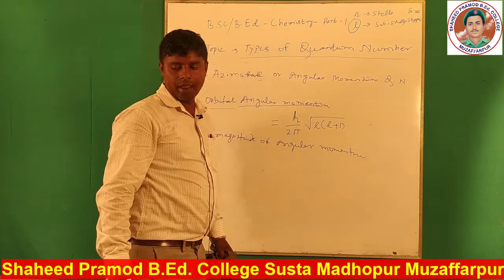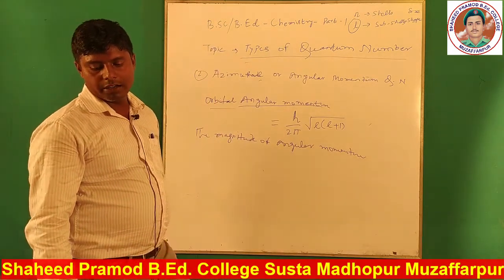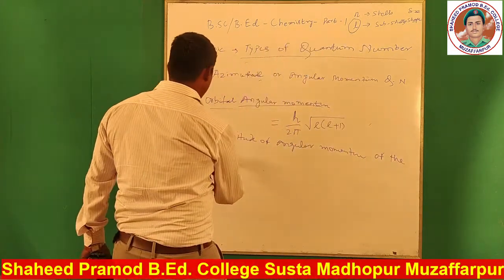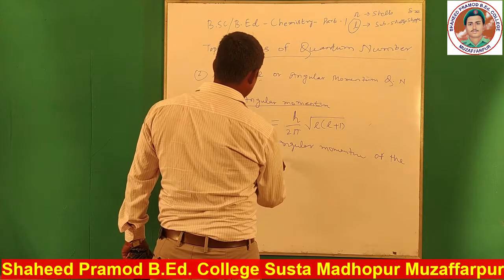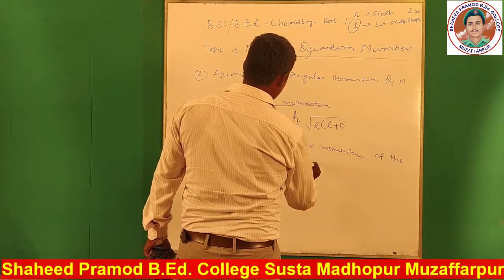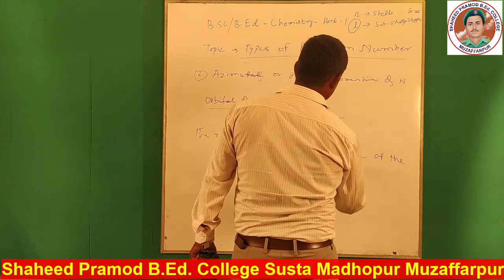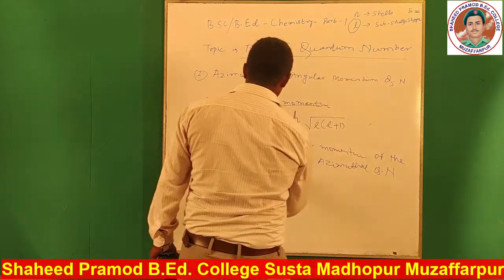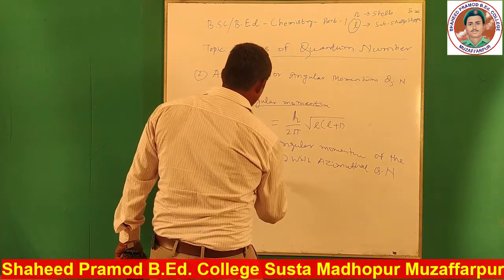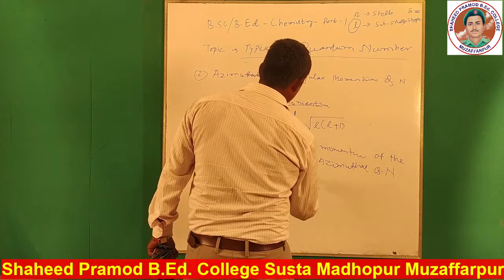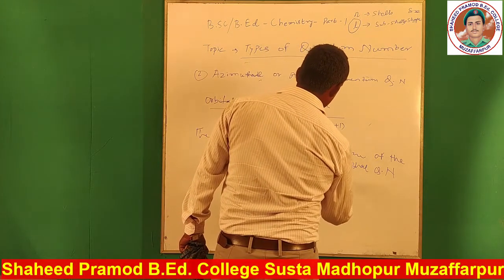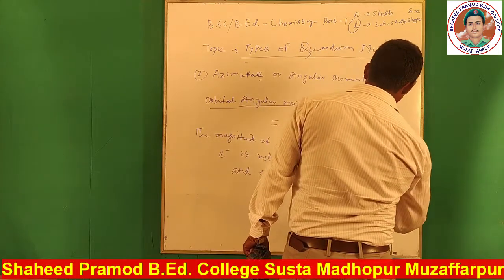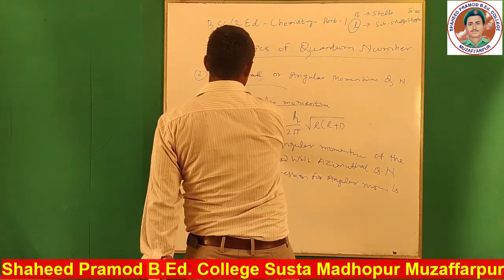The magnitude of angular momentum of an electron is related with the azimuthal quantum number, and the expression for angular momentum is, this is the equation, you can write down this equation.